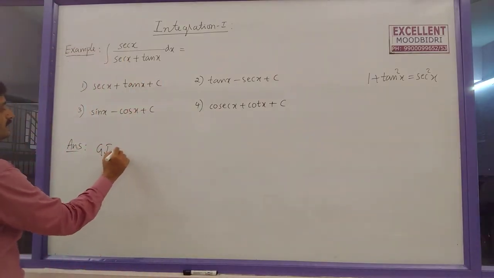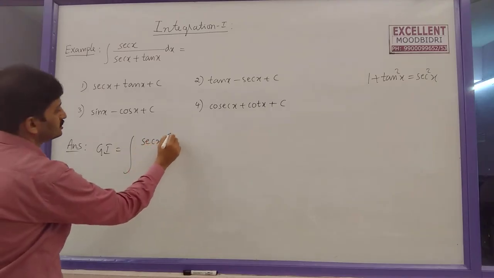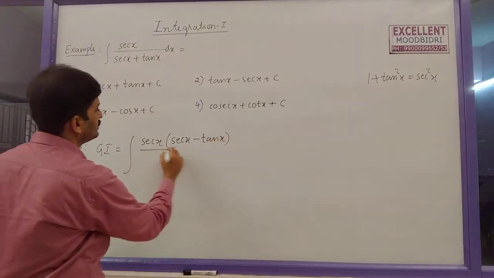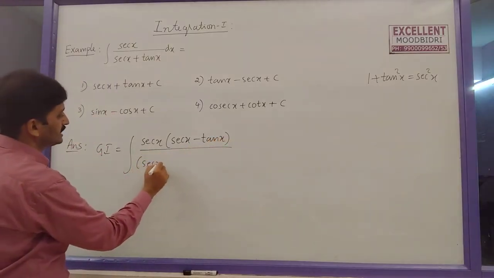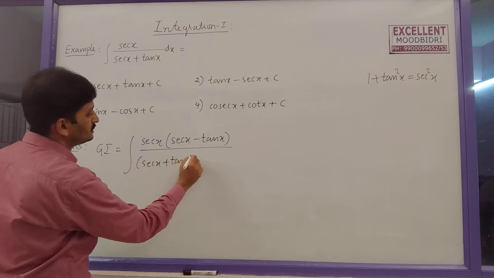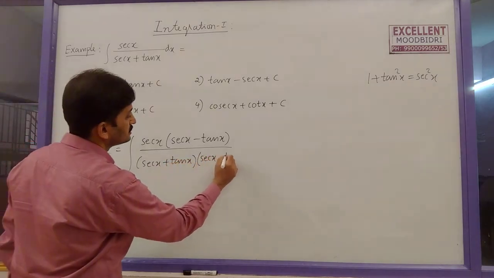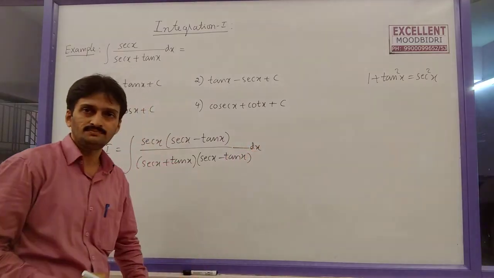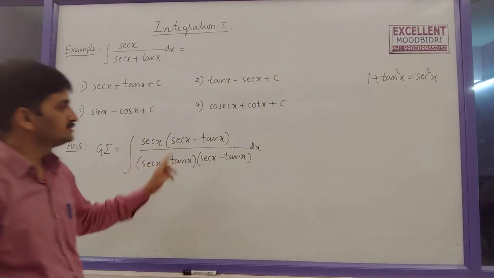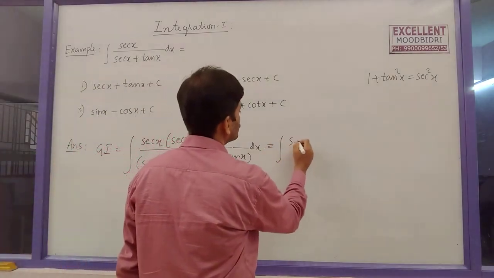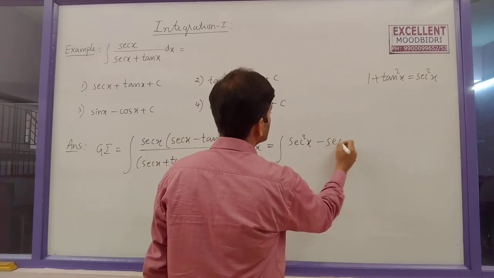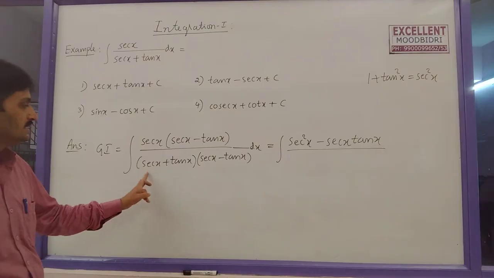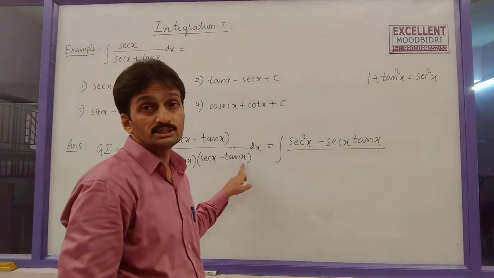So given integral equal to secant x into secant x minus tan x divided by secant x plus tan x into secant x minus tan x. Perform this trick. Now multiply secant x into secant x, secant square x, minus secant x into tan x, divided by a plus b into a minus b, a square minus b square.